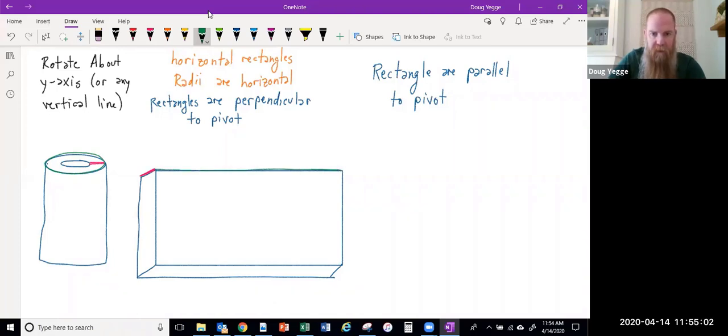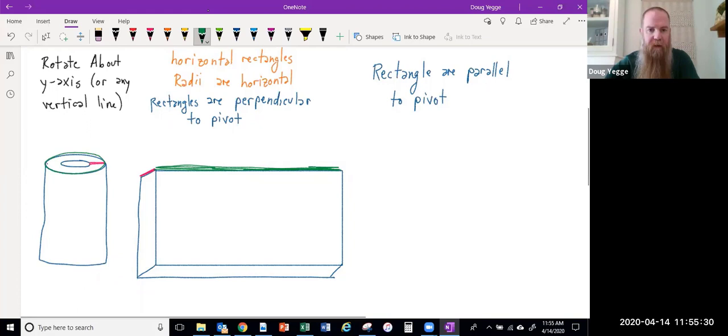This length right here is actually the circumference. And if you don't recognize why, take a look at my picture here. When I cut this apart, you could see that this edge right here around the top is now becoming the top of the rectangle. So when I put it back together, that's nothing more than the circumference.